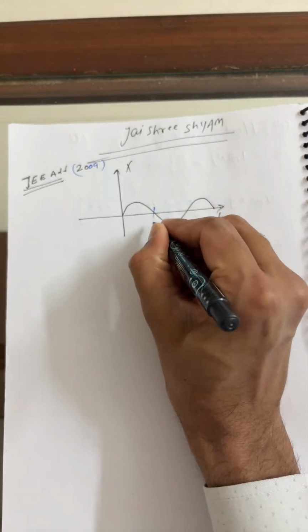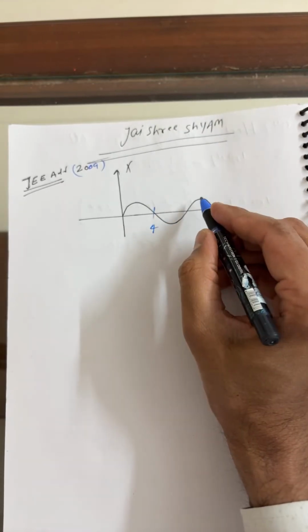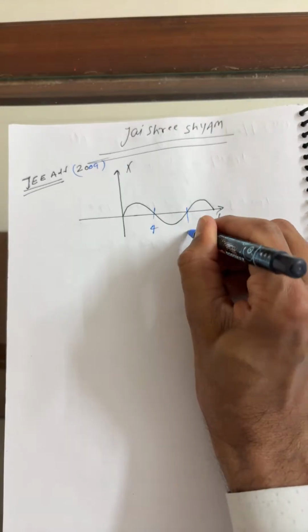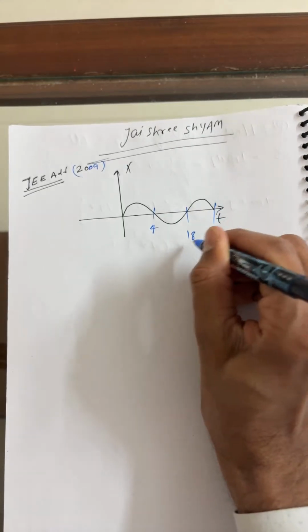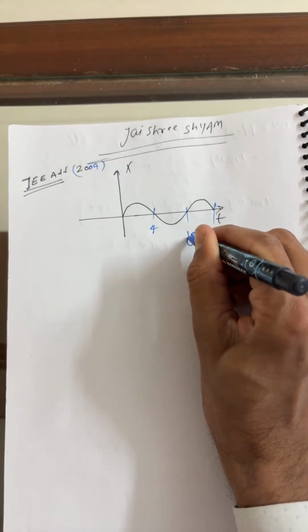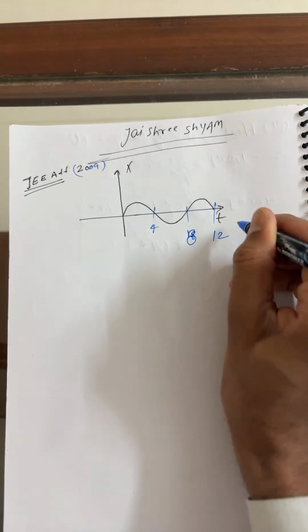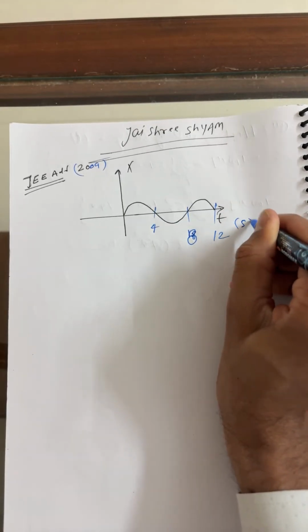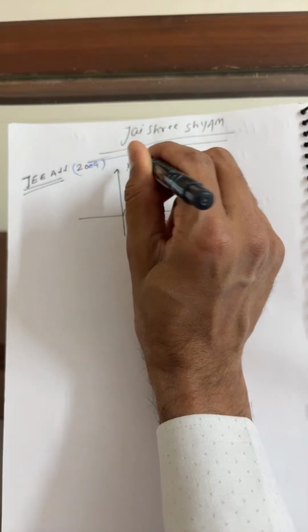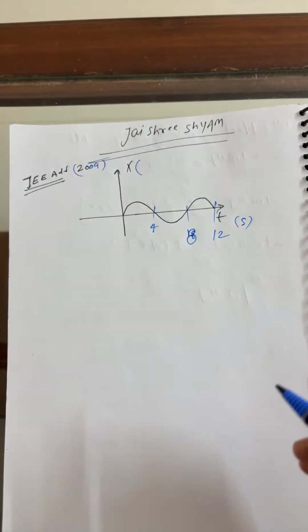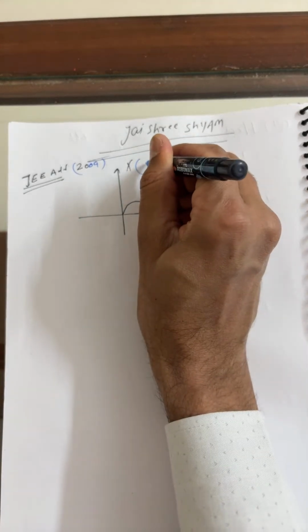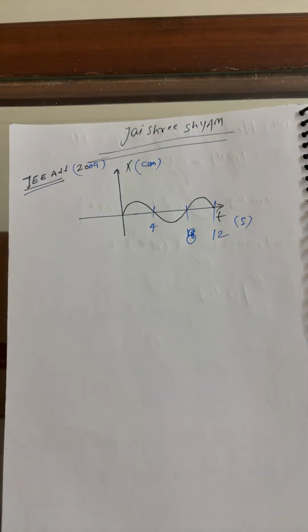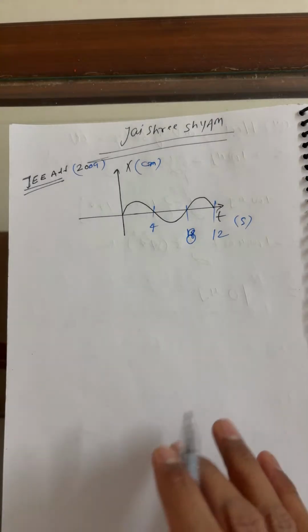Here you can take this as 4 seconds, this is 8 seconds, and this is 12 seconds. Time is in seconds, and distance you can take in centimeters, as mentioned in the question.